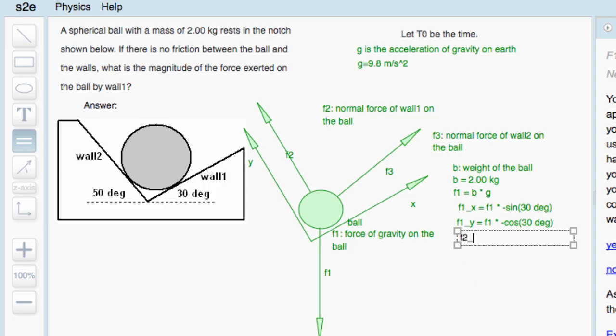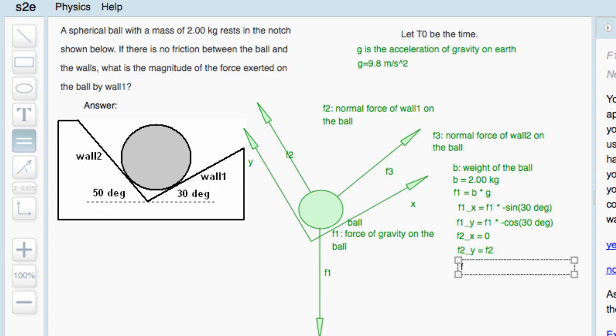F2, let's say F2 in the x direction equals, and it's perpendicular to the x direction if you remember when we drew it out, so I can just push 0, enter, and that's correct. And I'm going to put in the equation F2y equals F2. Now I just have to do F3.